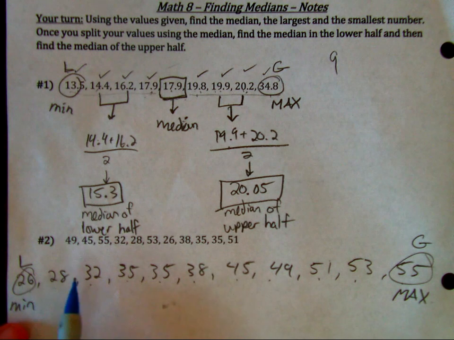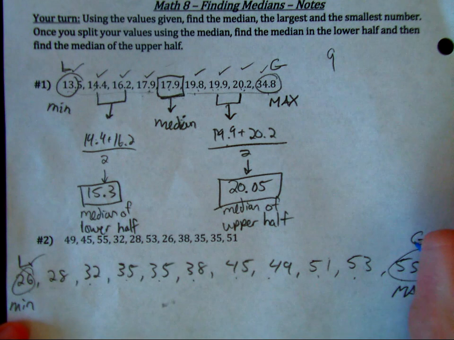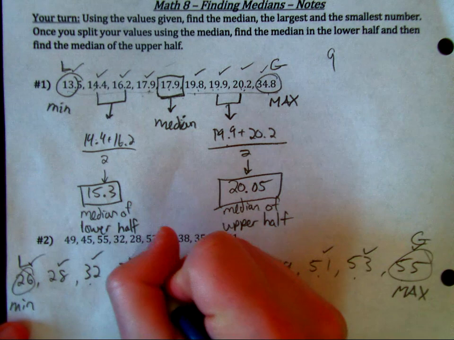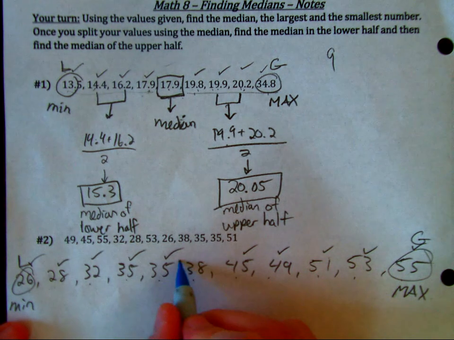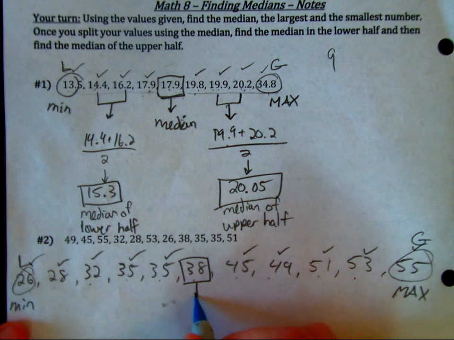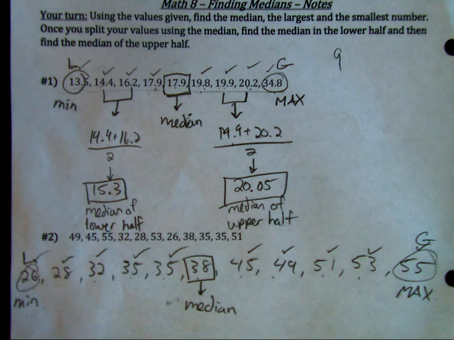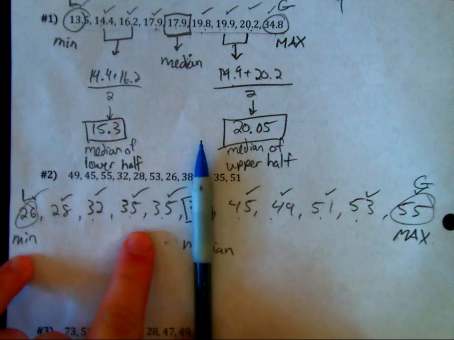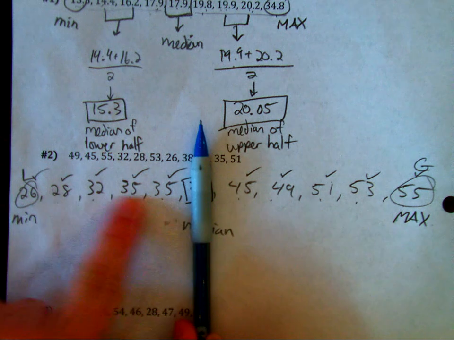Let's check off the ones as we go along. Again, you're checking in pairs, so it might be helpful to get assistance from the person next to you. We are able to box in 38 and call that the median of the entire set. That means I split these into 2 groups, and I should have the same number of values on both sides.